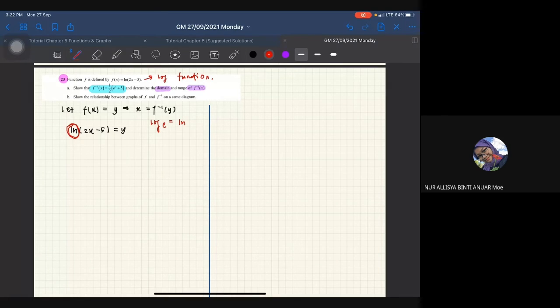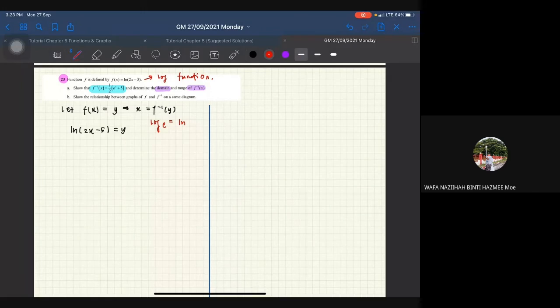Kena guna property of indices. Pindahkan, maksud pindahkan? Tendang. Y tu jadi kuasa 2x.